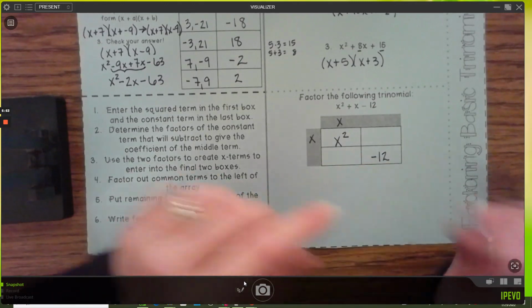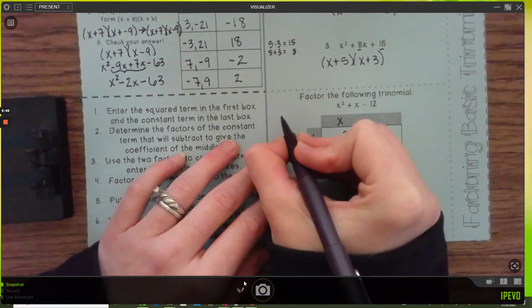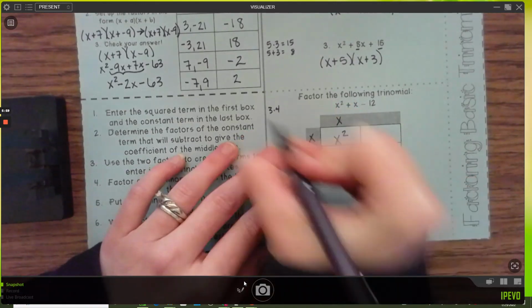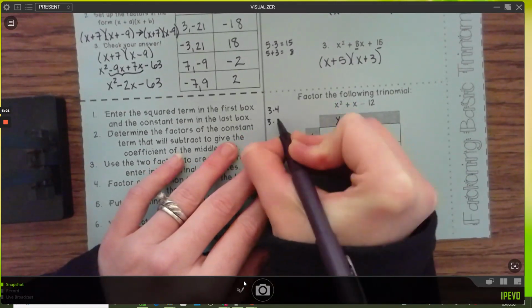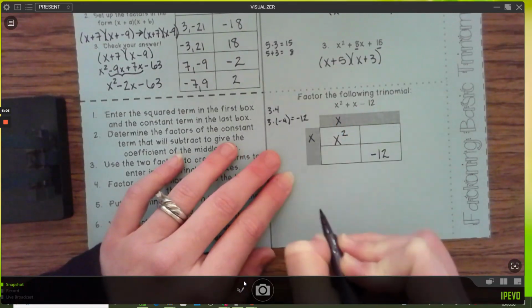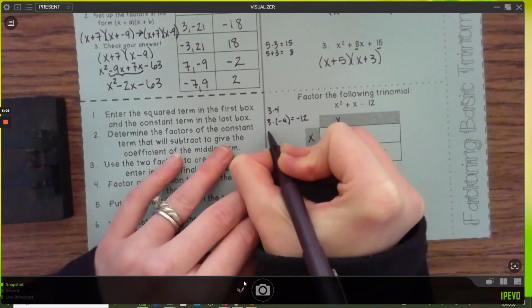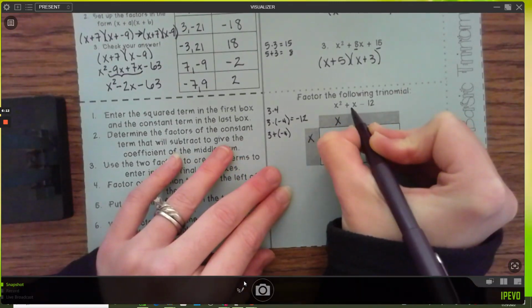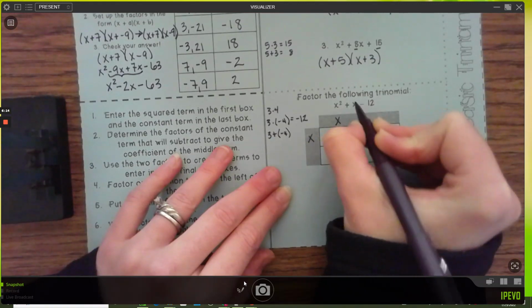3 times 4 will give me a positive 12. So if we switch around, 3 times a negative 4 gives me the negative 12 that I need. But when we add them together, 3 plus negative 4 gives a negative 1, and I need a positive 1. So remember that invisible math.